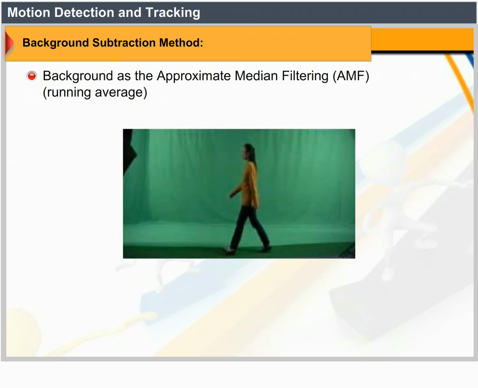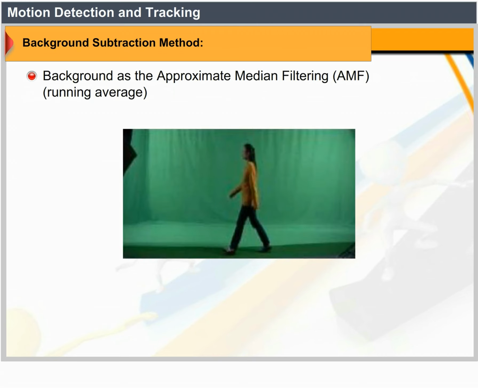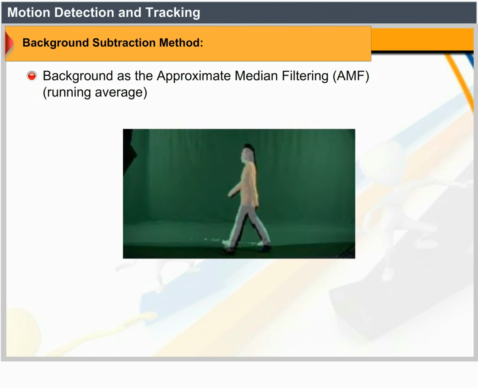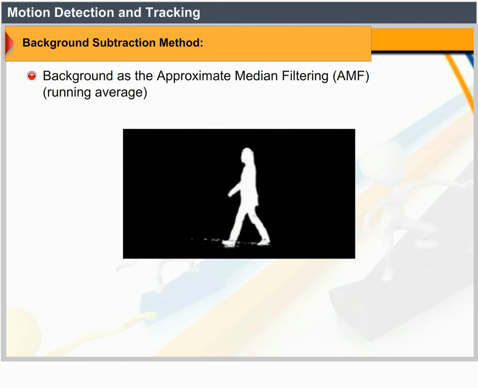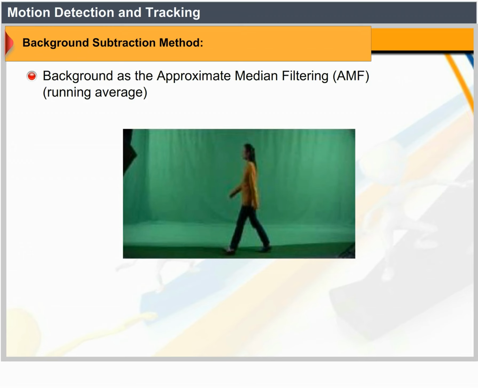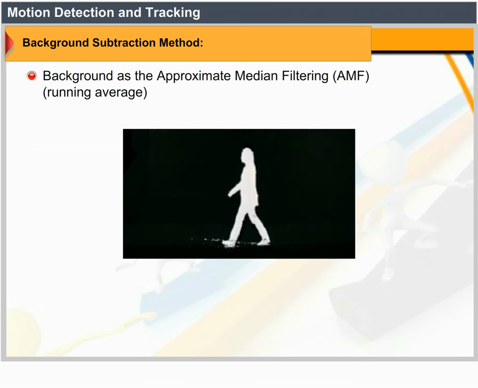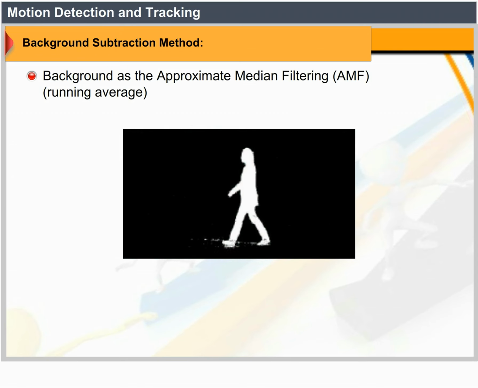Background as the approximate median filtering, AMF, running average, is shown on the screen. B(i+1) equals alpha times L(i+1) plus (1 minus alpha) times B(i), where alpha, the learning rate, is typically 0.05. No more memory requirements.